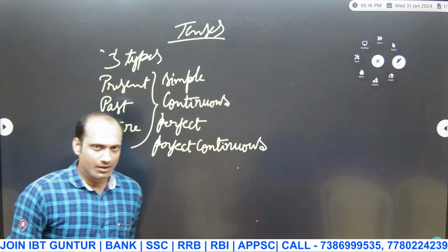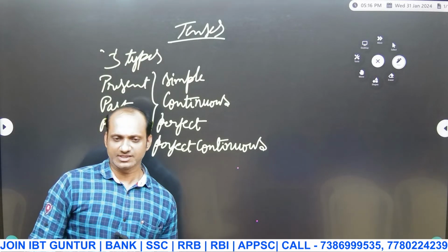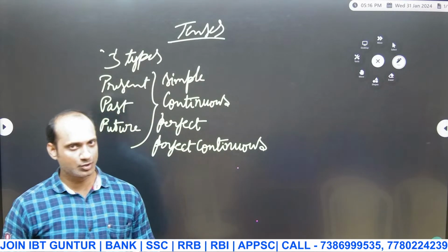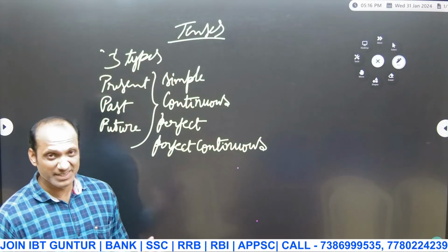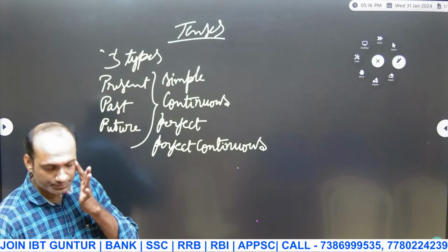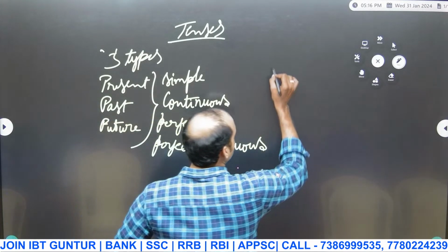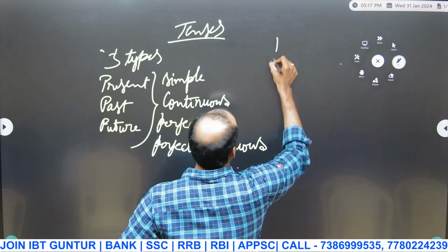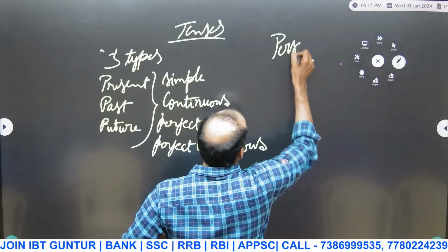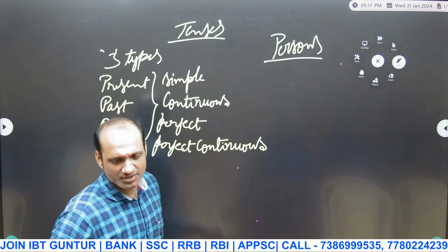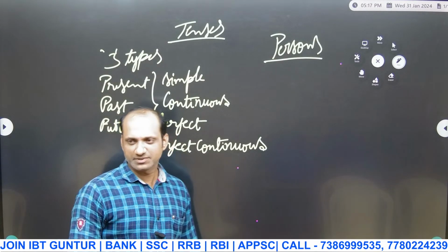Now, let me ask you one question. Before learning about tenses, you should know what are the persons. Do you know how many persons do we have? Persons are of three types. How many types? Three types.